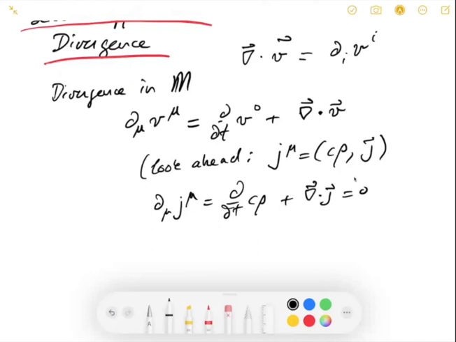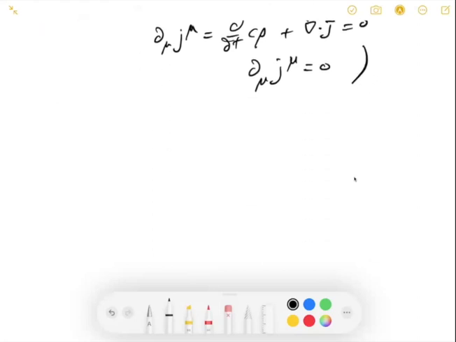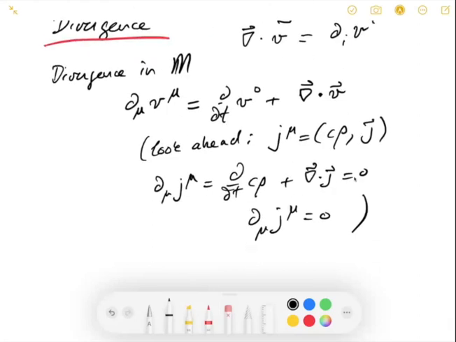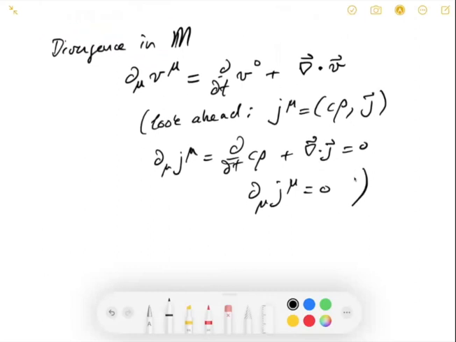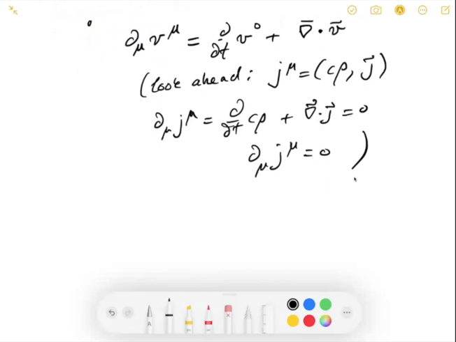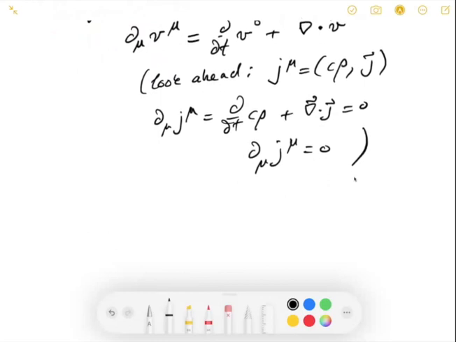So charge conservation in relativistic form is just that the divergence of this is 0. Couldn't help myself, but that's just super, super pretty. So there's a real use for the divergence in relativistic E&M.